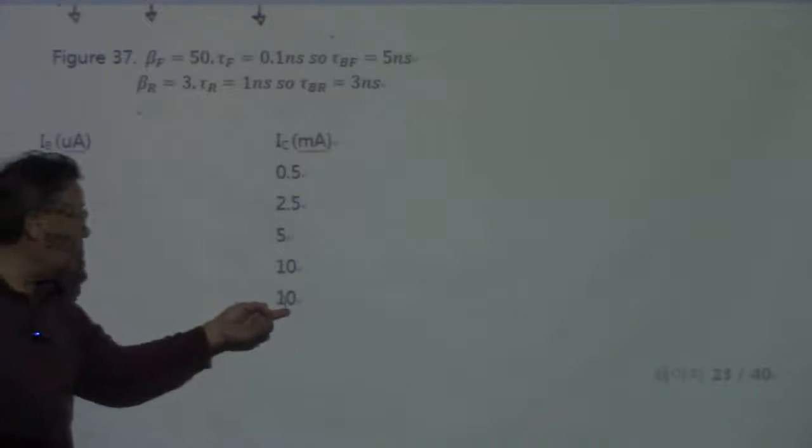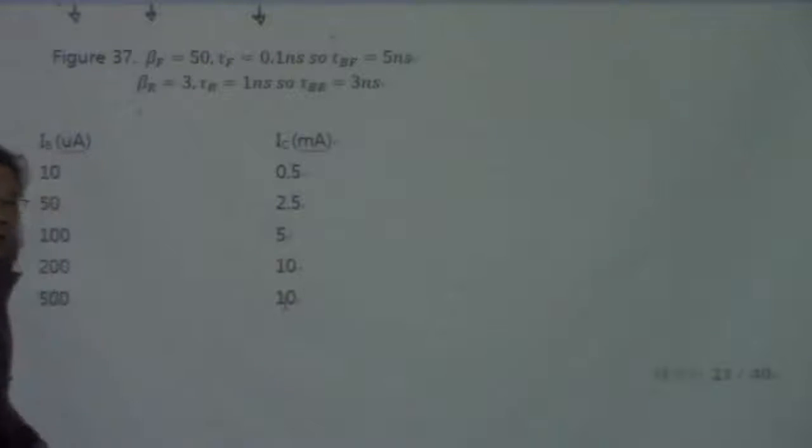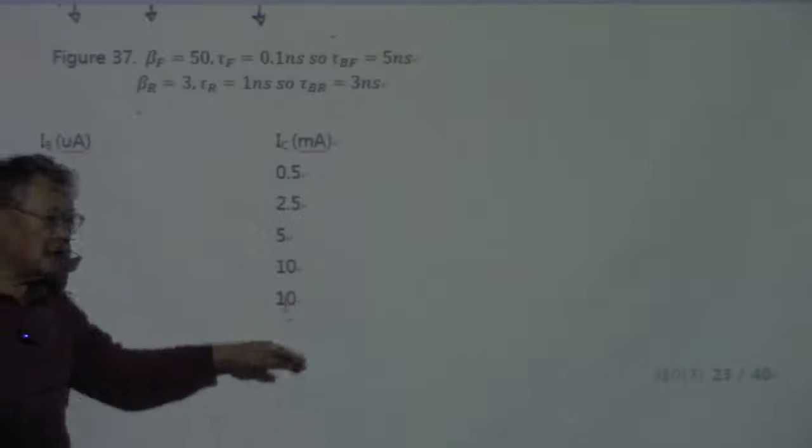Now, if you increase further to 500, then this collector current is not going to increase anymore. It is saturated at 10 milliamps. So if you increase the base current more than this, the collector current is going to be saturated at the value 10.